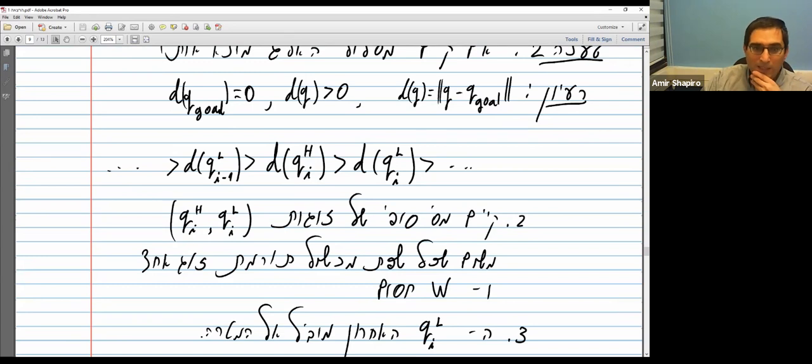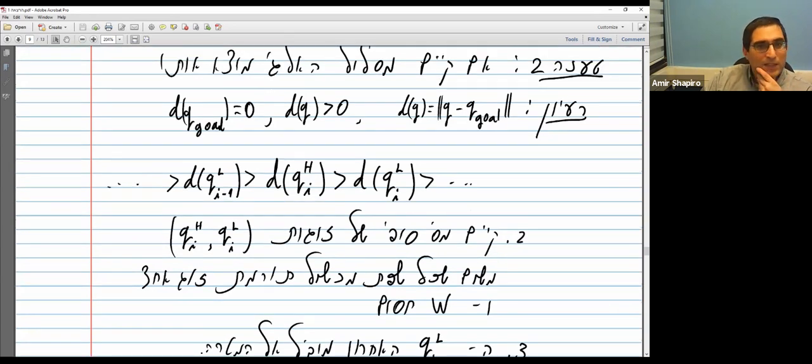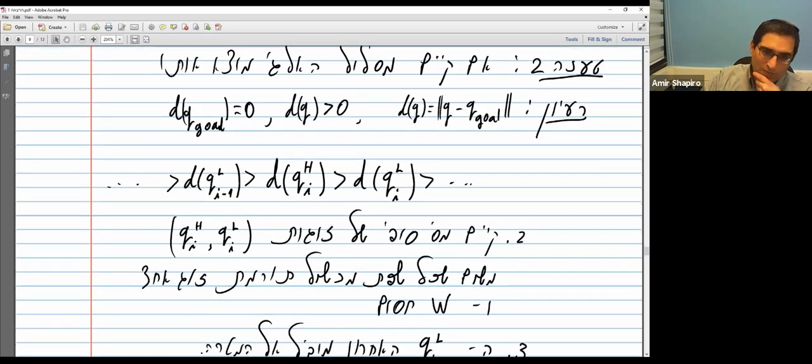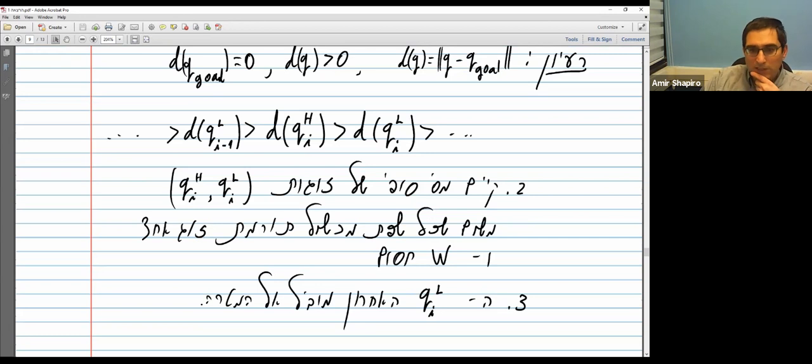This is the main idea of how to show it: if there is a solution, the algorithm will find it, because the distance will get shorter and shorter until it is 0.